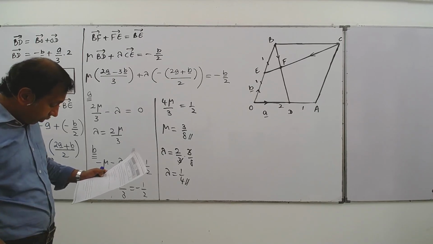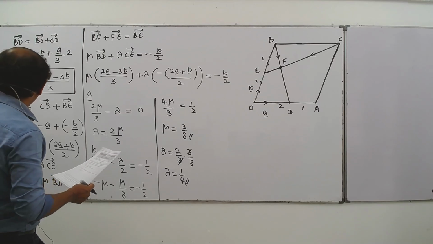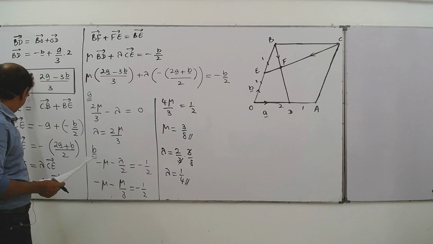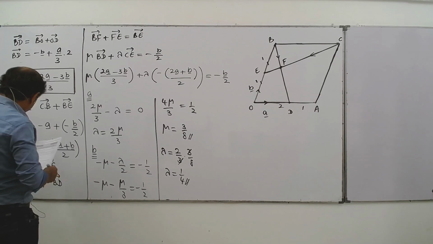Now asking next one: BD and CE are perpendicular to each other. BD vector is this, and CE vector, are perpendicular.